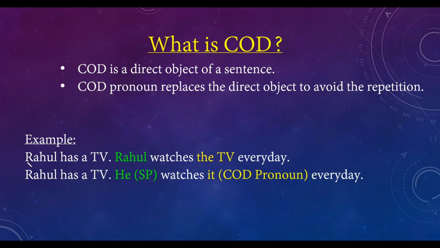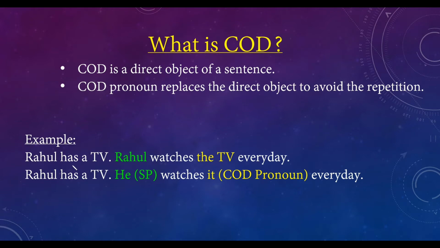Let us take an example in English first. Rahul has a TV, first sentence. Rahul watches the TV, second sentence. So, as you can see, the second sentence seems a little odd because of all the repetition here. This is the subject, the verb, the object.